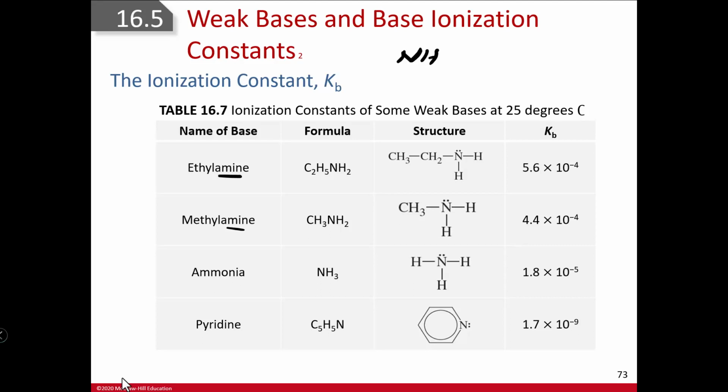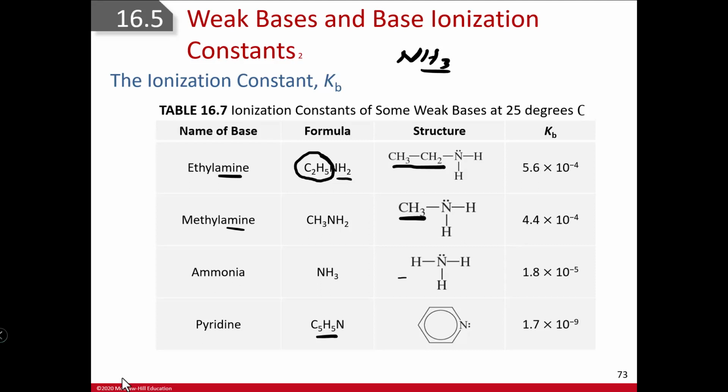If you look at this, we're knocking off one of the hydrogens of the ammonia and attaching what's called an alkyl group to it, so we replace a hydrogen with an alkyl group. In this case, the ethyl group, so that's why this is called ethylamine. This is methylamine. Then we have ammonia, and then here we have attached a cyclical structure to the nitrogen, and this is called pyridine. So just keep that in mind.